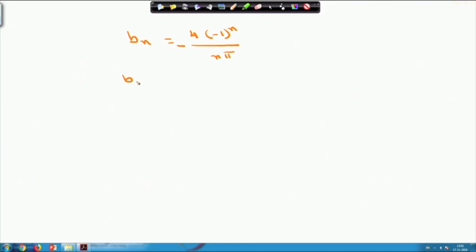So, I can write down b 1 equals 4 by pi, b 2 equals minus 4 by 2 pi, b 3 will be 4 by 3 pi, like this way it will go.